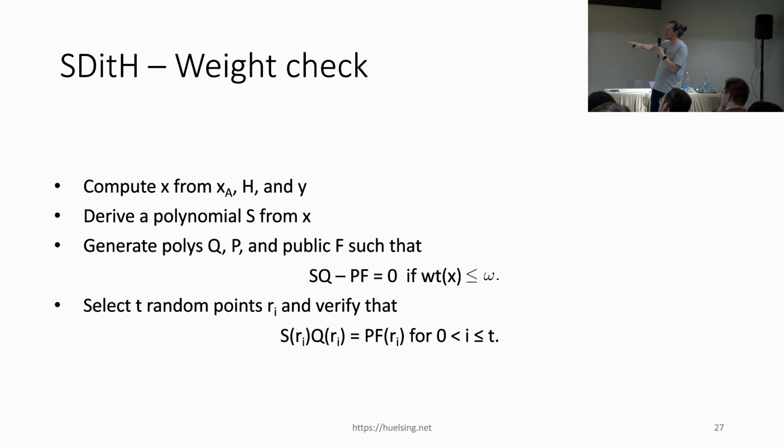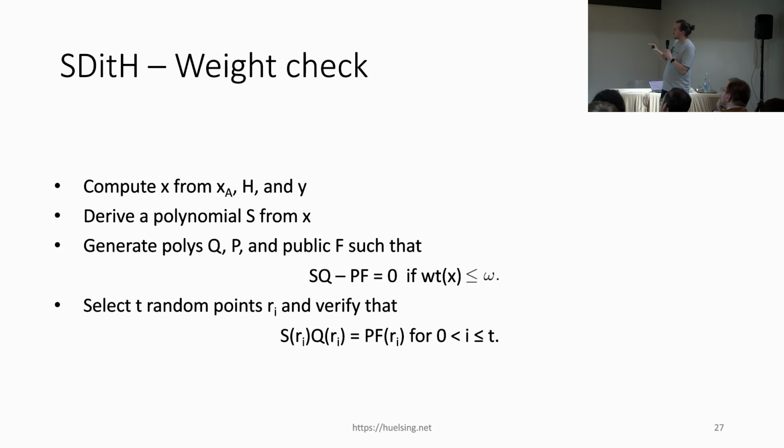Then you generate polynomials depending on the weight function, q and p, and you have some public polynomial f. The important thing is that they are generated in a way such that s times q minus p times f is 0 if the weight of x was within bounds. In addition, we can control the degree of the resulting polynomial, and that degree is actually pretty low.